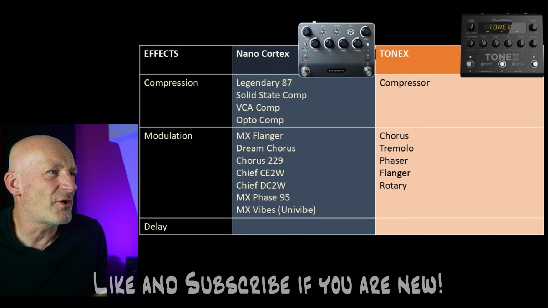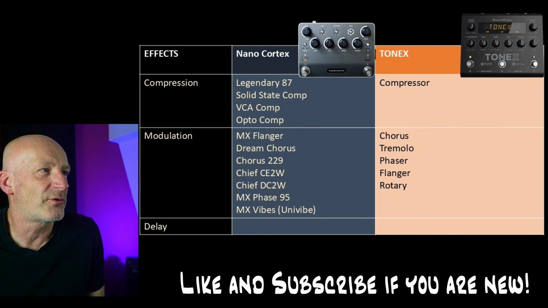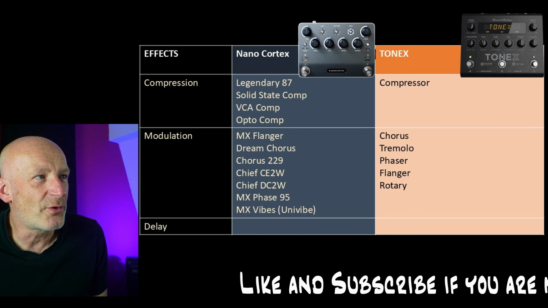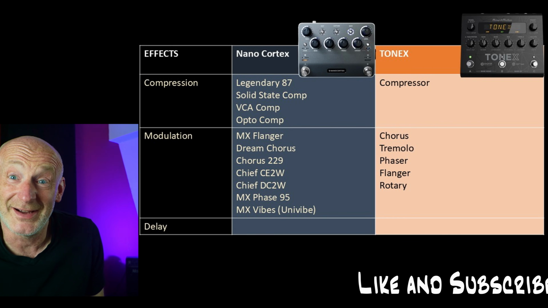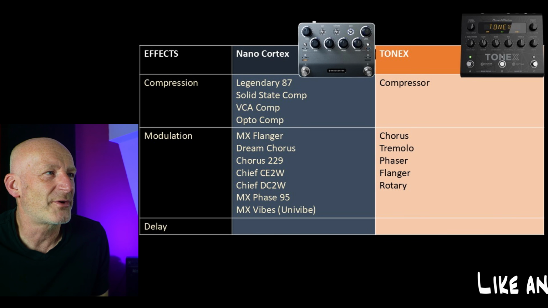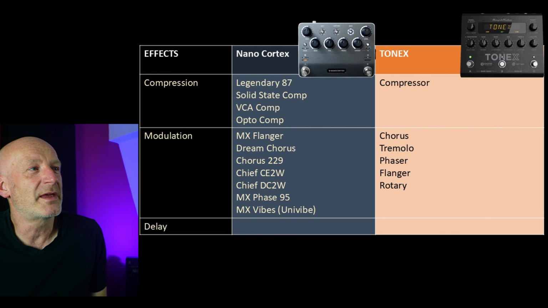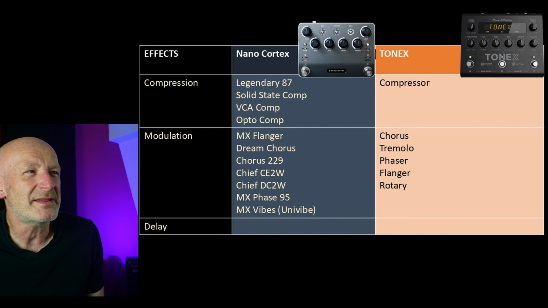I don't think it's got a rotary, but it's got flangers, it's got a few different choruses, it's got TC choruses, it's got Boss choruses, it's got a Phase 95, I'm guessing that's a Phase 90, correct me if I'm wrong. It's got a univibe on it and a flanger. So yeah, it's got a lot more in chorus wise, but then it hasn't quite got the breadth. So I don't know, there's more there, there's a univibe. We'll call that a tie, but leaning towards the Nano, I think.